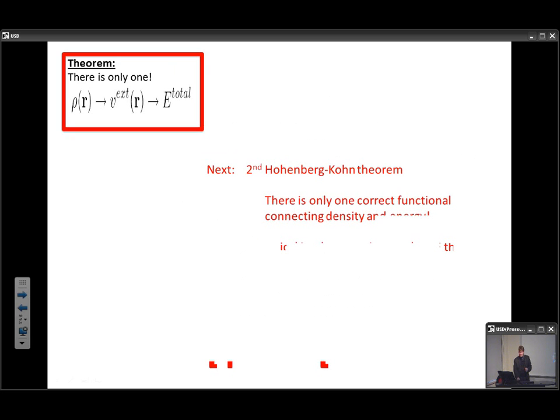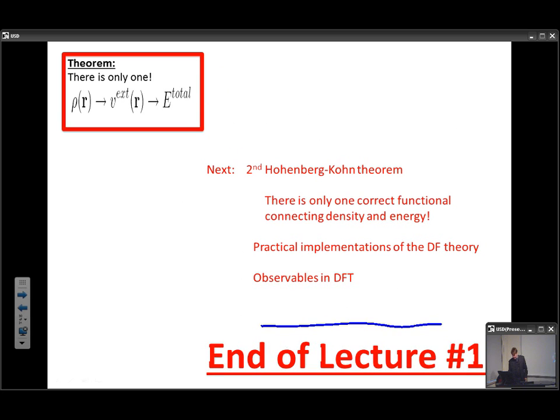Okay, I think it is everything for today. When we meet next time, we need to apply another theorem that serves as a background for density functional theories, that the way the density determines total energy is unique.